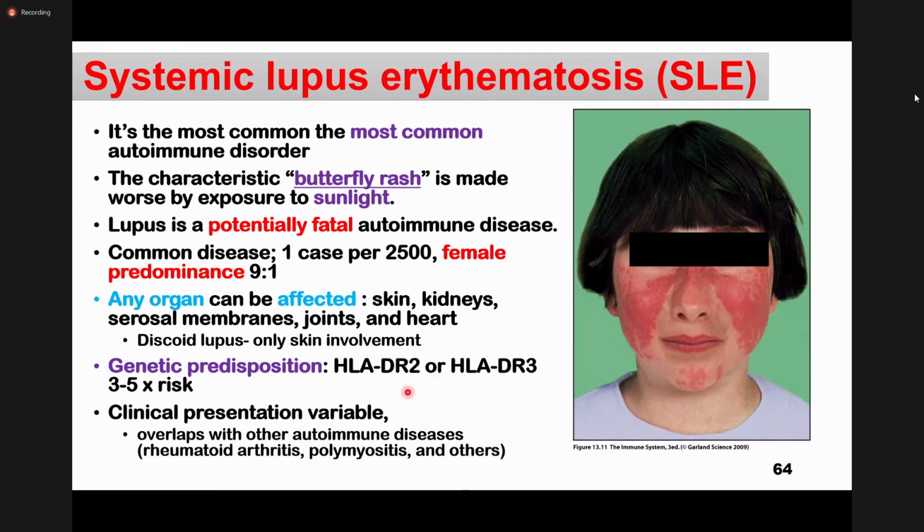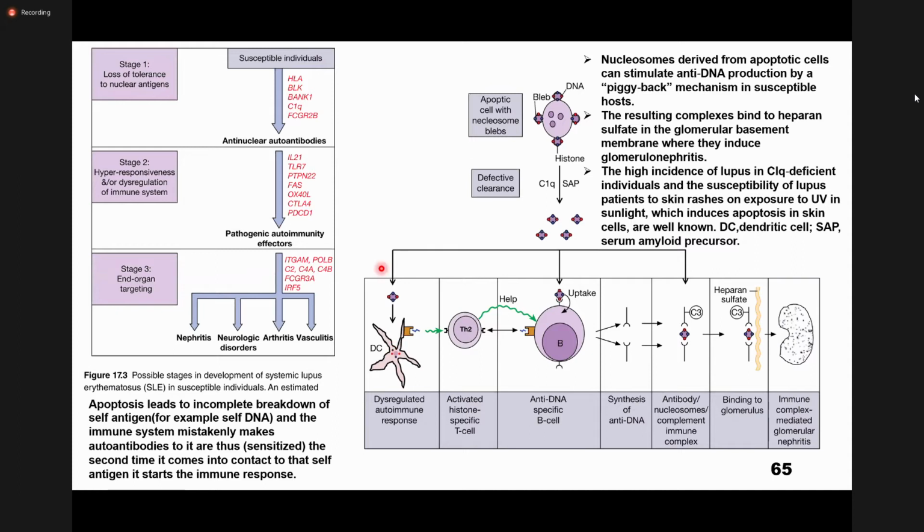And let's go to here. This is how the pathogenesis looks like, okay? If you see this figure, this figure explains the whole process here, okay? There is a loss of tolerance to nuclear antigens, okay?